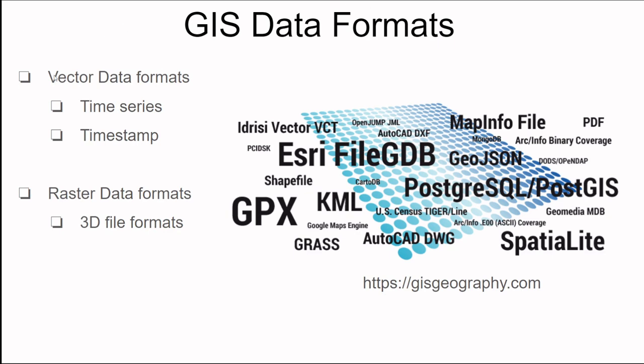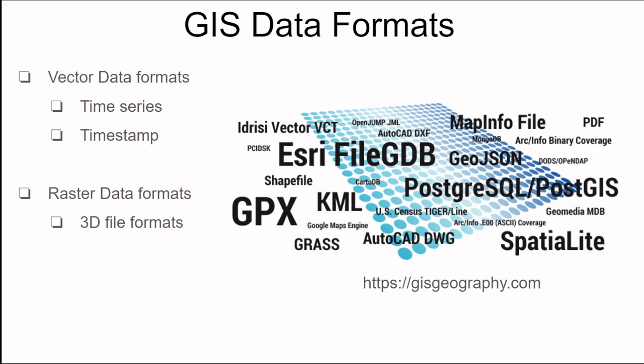Under the GIS vector data sets, some of the protocols are fit for storing time series data, that is temporal data, things that have happened over time. They have a structure that allows you to do that. We also have a timestamp.